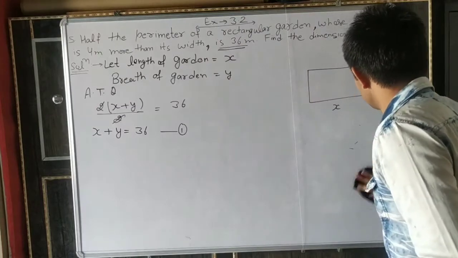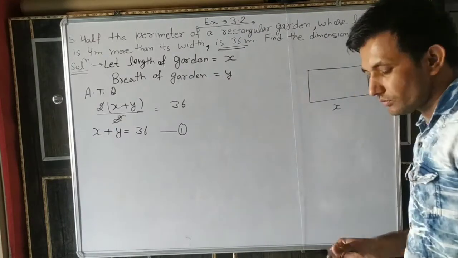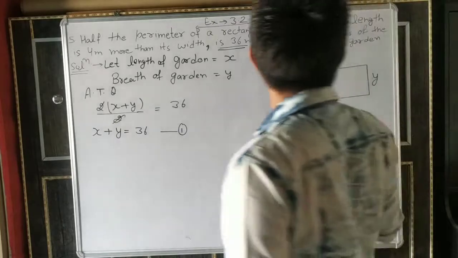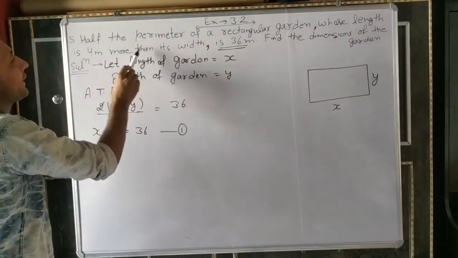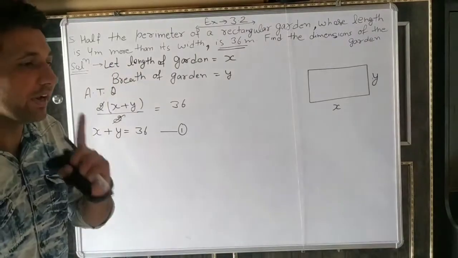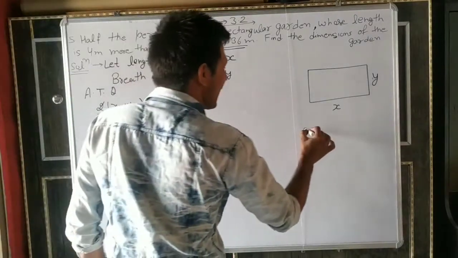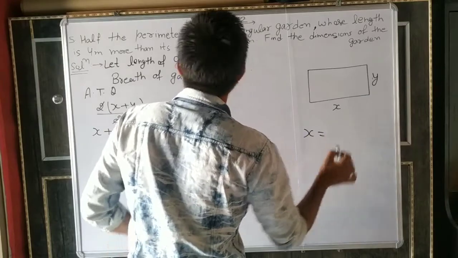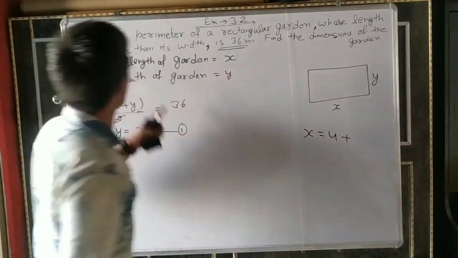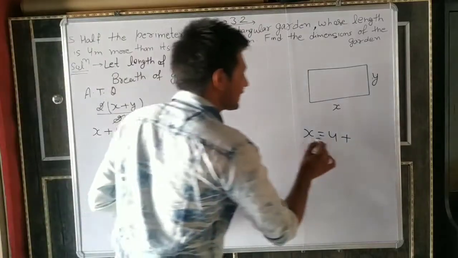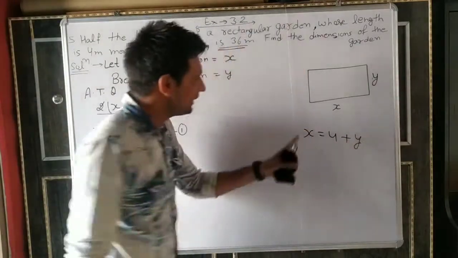Next is the second equation: whose length is 4 meter more than width. It means x is equal to 4 meter more than its width. So x equal to 4 plus y.